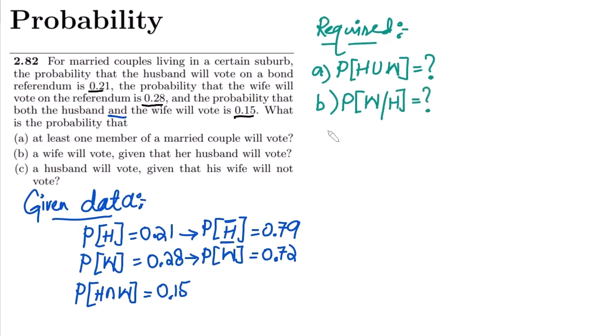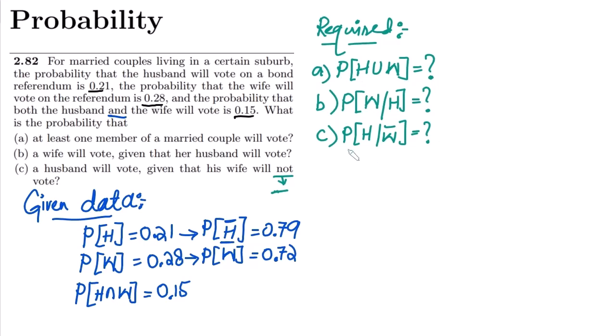And part C asks for a husband voting given that his wife will not vote. So I want to find the probability of the voting of a husband if his wife will not vote. Not is represented by the complement, so we complement the term wife, and we have to find this one.